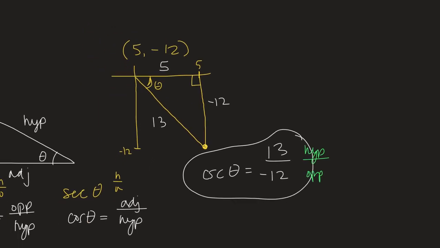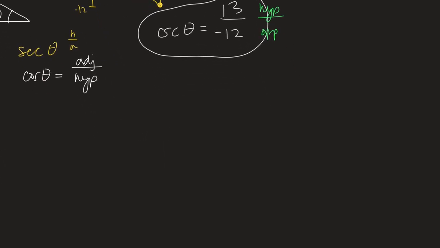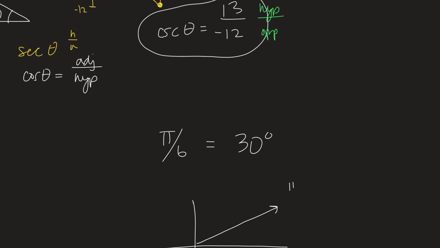Okay, so speaking of angles, what if I gave you an angle of pi over 6? Hopefully you know that pi over 6 is 30 degrees. Okay, so pi over 6 is this angle that's formed with the positive x-axis.